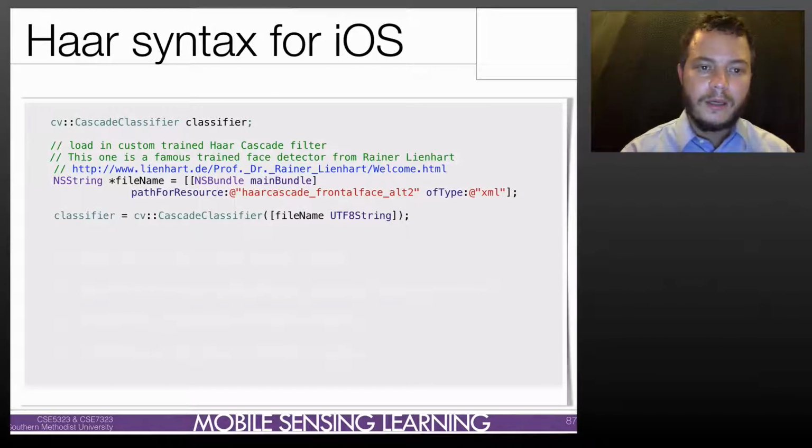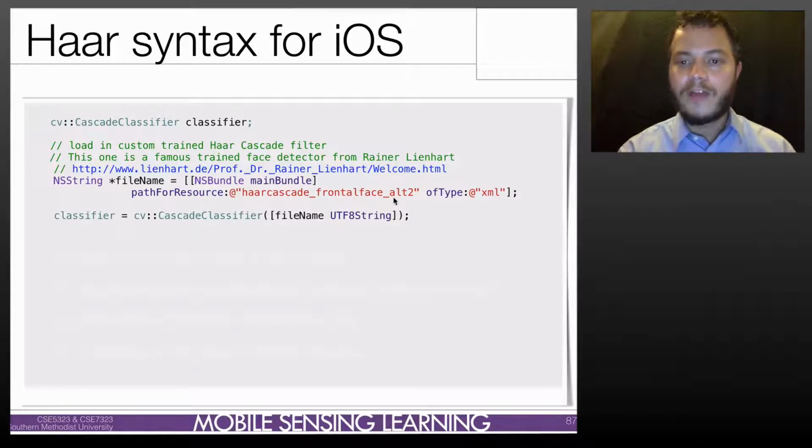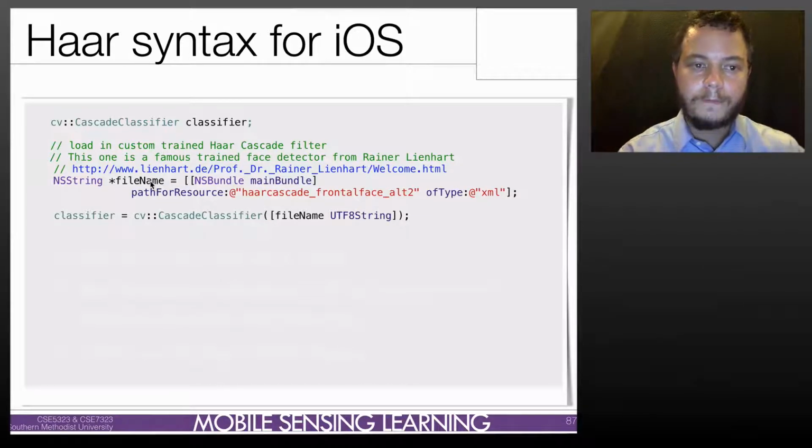For iOS, if we want to use a CV Haar cascade classifier, we can simply load it up, right? So here I'm assuming that there's some file named haarcascade_frontalface_alt2.xml, and I just get the path to it right here. And I can use that to load up a Haar cascade classifier. So I have a CV cascade classifier right here. This is the variable classifier, my object.